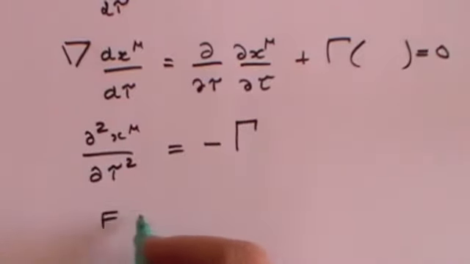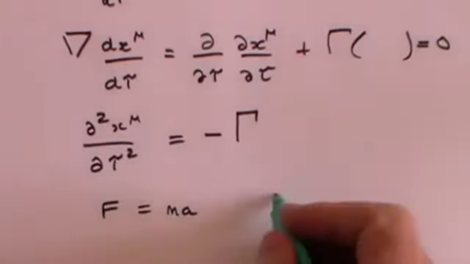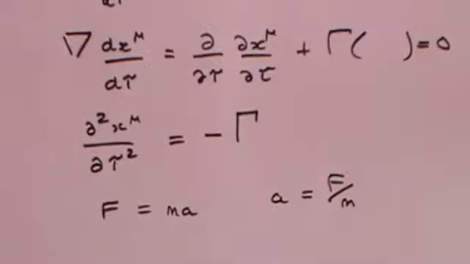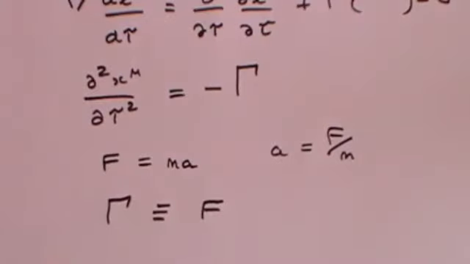Newton's law says that force is mass times acceleration. Or if you like, that acceleration is a force term divided by mass. And here we've got an acceleration is equal to minus a gamma term. So what we can say is that that gamma term is the equivalent of force in Newton's laws. There'll be a mass term in it as well, but mass is constant, so let's forget about that. This gamma term, this Christoffel symbol, has a kind of broad equivalence to force.